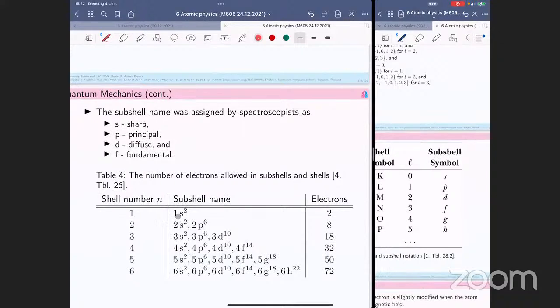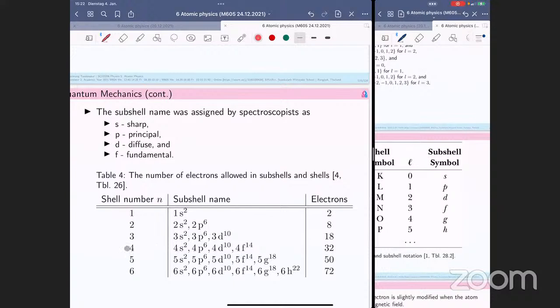When n is equal to 2, we have 2s2 and 2p6, because there are three values for ml, and there will be 6 electron orbits when L is 1 here. When n is equal to 3, we have 3s2, 3p6, and 3d10. You combine the power numbers here, 2, 6, and 10, you get 18.